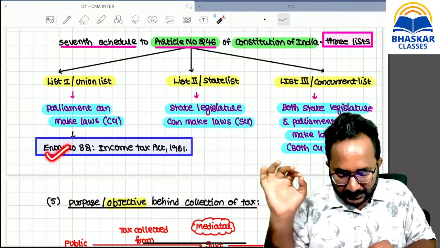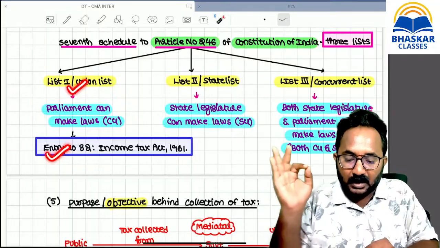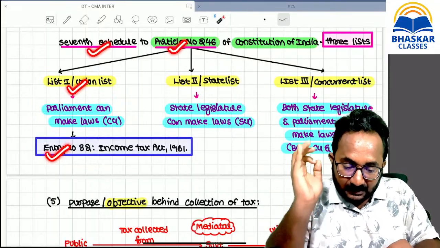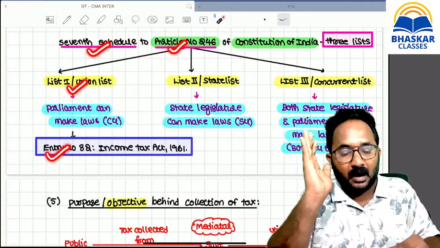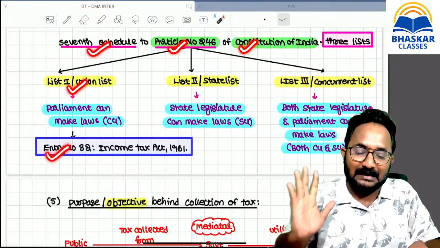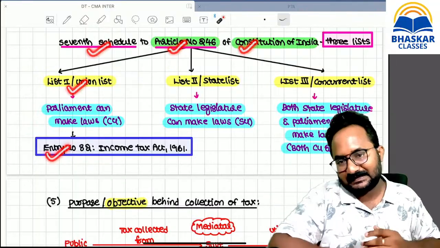Here is how it works as a flow. Entry number 82 of list 1 or union list of the 7th schedule to article number 246 of the Constitution of India gives the power to collect income taxes.